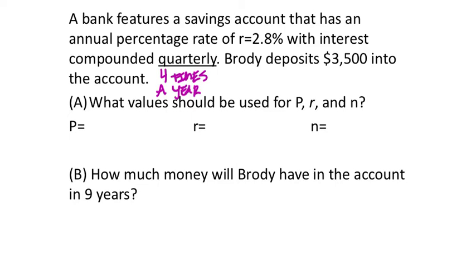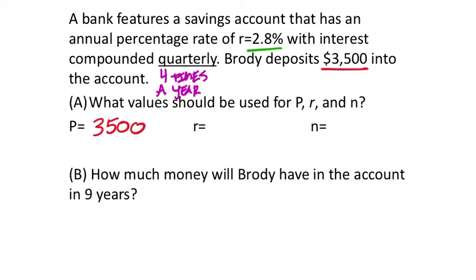So P is the principal. That's the value that you start with, the value that you put in the beginning. Brody's going to put in $3,500. We don't have to label this because it's just asking for the value of P, not its label. The rate that was given was 2.8%.